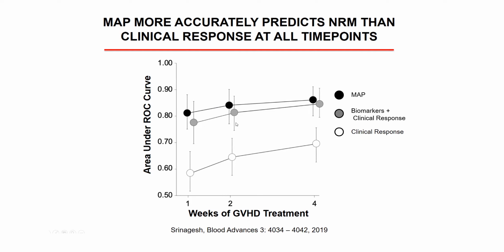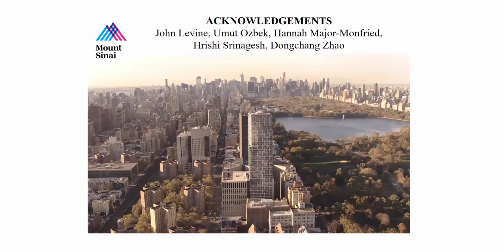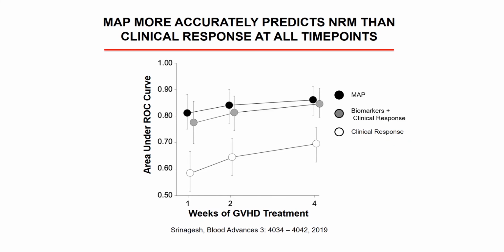So if you had one piece of information 1 week after treatment for GVHD, it would in fact be the MAP. And changes over time are also important.